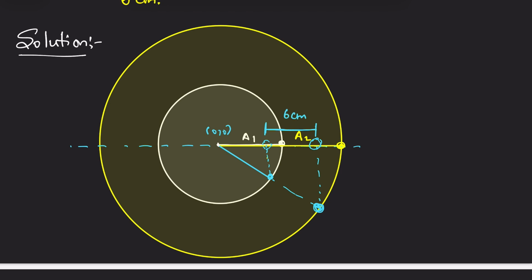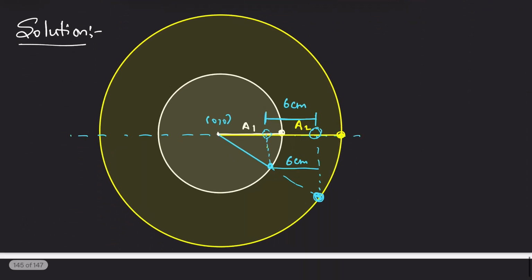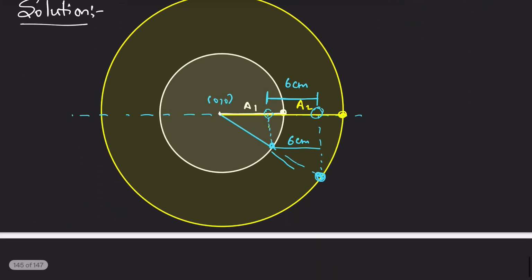The difference between A1 and A2 is 12 centimeter, so this distance is A2 minus A1, and that is 12 centimeter.